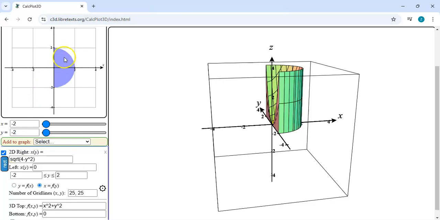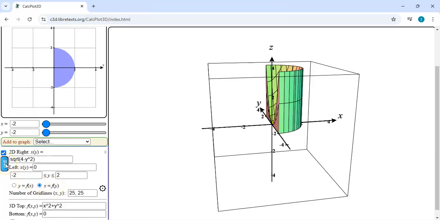And so I get that same semicircle, but now I have a little bit simpler bounds because I just view my left as being a vertical line, constant bound, and then only my right bound is requiring this kind of nasty function with the square root of 4 minus y squared, right? So this is a little bit simpler, and so sometimes, right, if you have things in terms of y or you want to get them in terms of y, you can use this x equals f of y button.